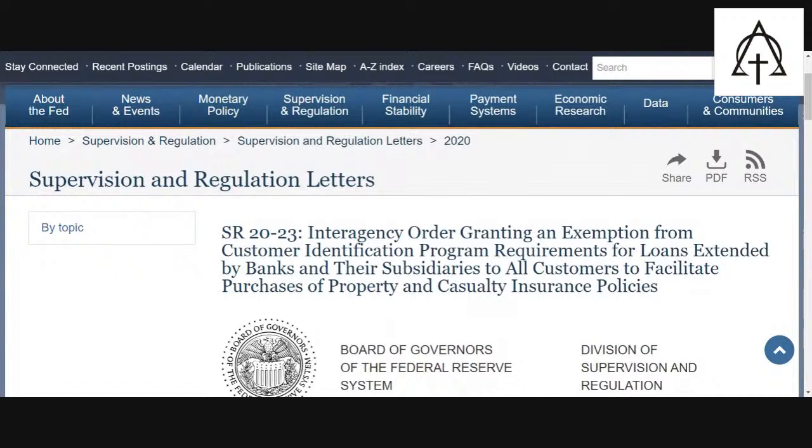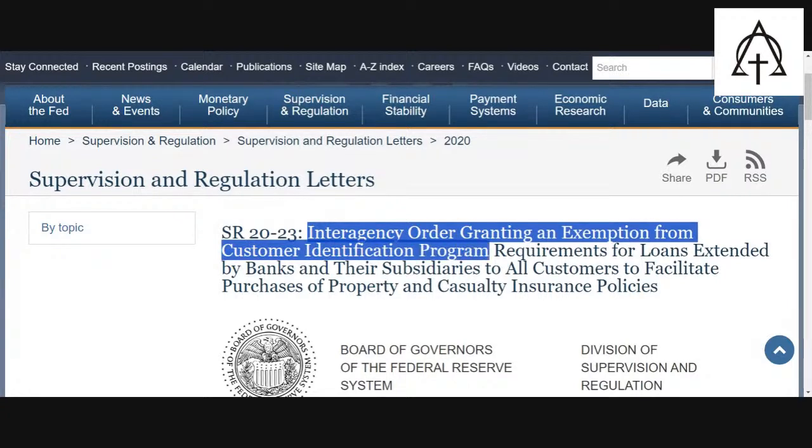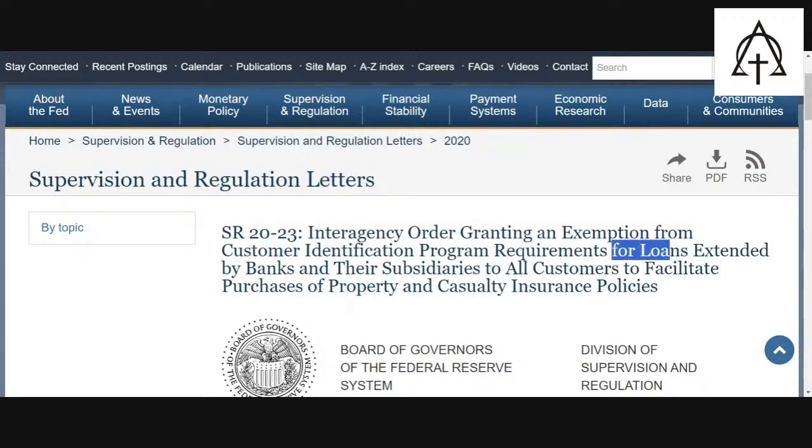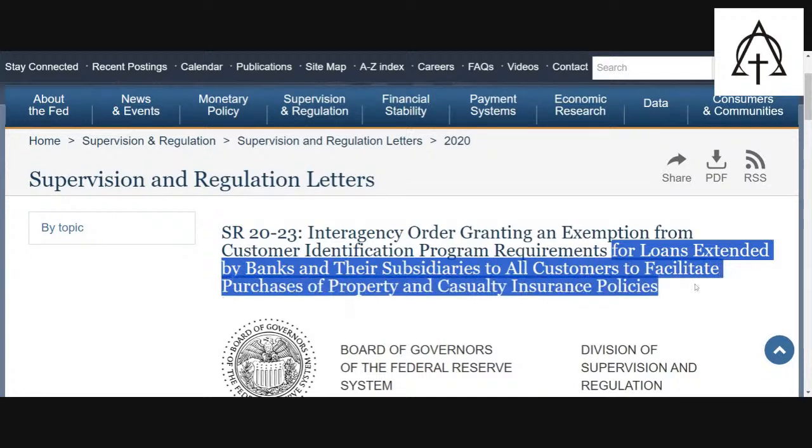Here it says, SR 20-23, interagency order granting an exemption from customer identification program requirements for loans extended by banks and their subsidiaries to all customers to facilitate purchase of property and casualty insurance policies.